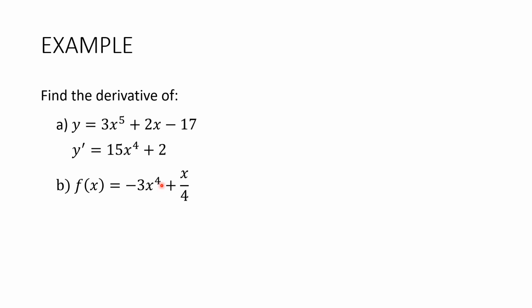So our 4 comes down, gives us 12x cubed. What about this? That's the same as 1/4 x. So when we have a coefficient in front of an x to the power of 1 and we differentiate, we're just left with the coefficient. So f dashed of x in this case is -12x cubed plus 1/4.